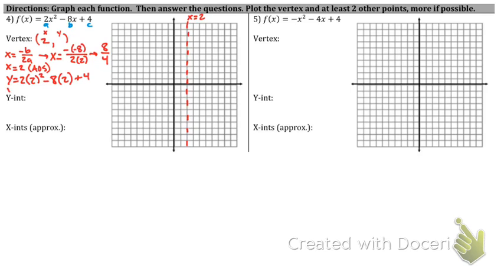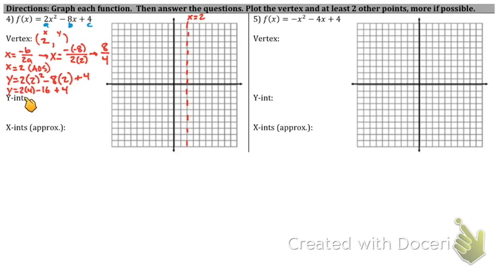So let's do this math. Order of operations says 2 squared is 4. So we're going to have 2 times 4. Negative 8 times 2 is negative 16. And then positive 4.